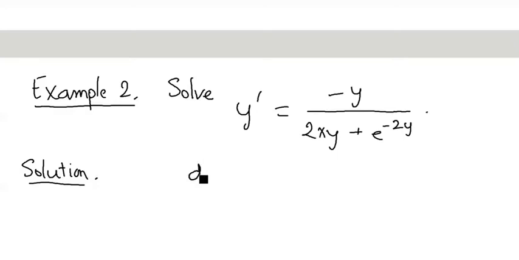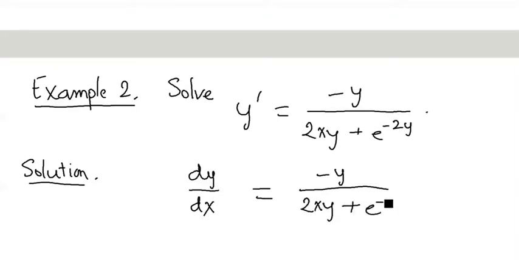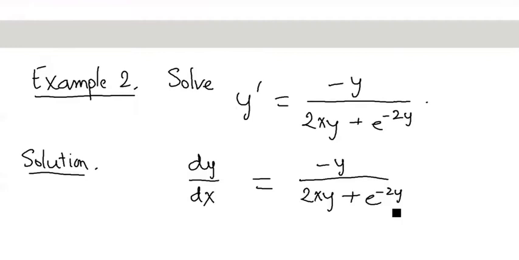As before, we rewrite y prime as dy dx. We get minus y divided by 2xy plus e to the minus 2y.